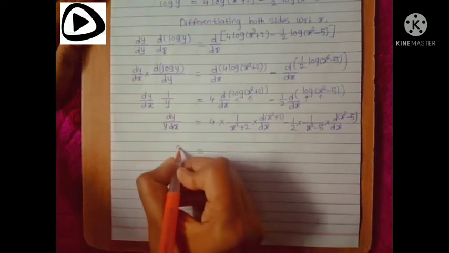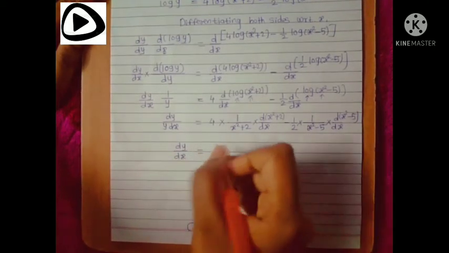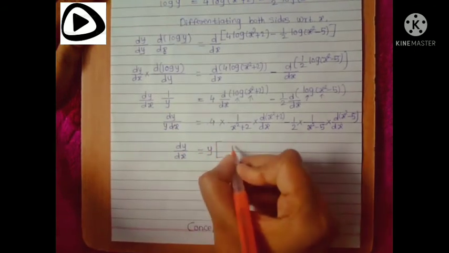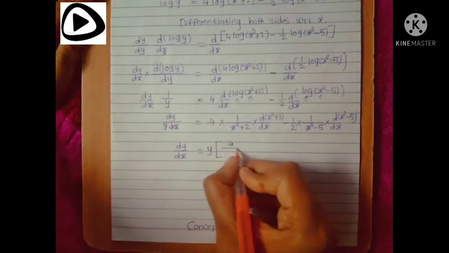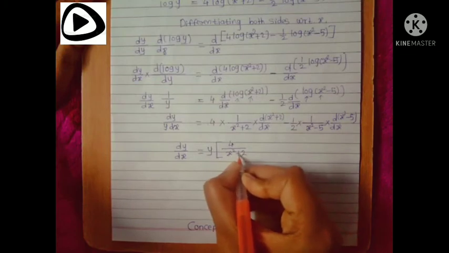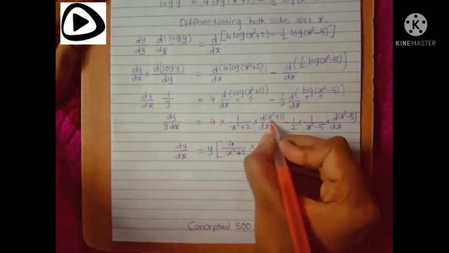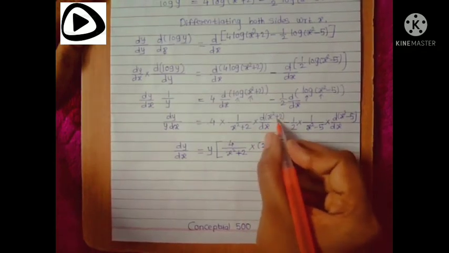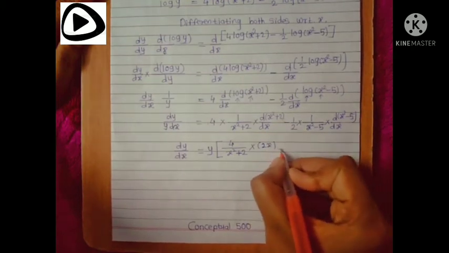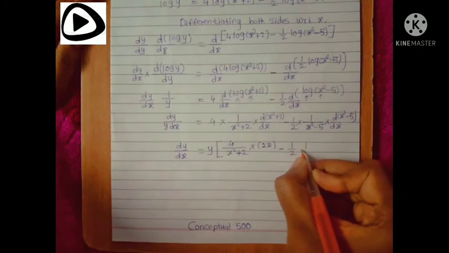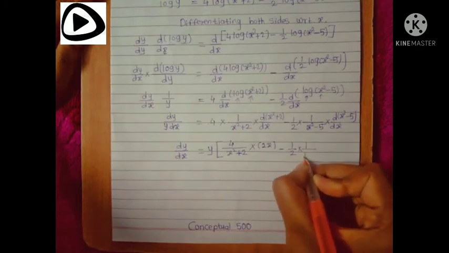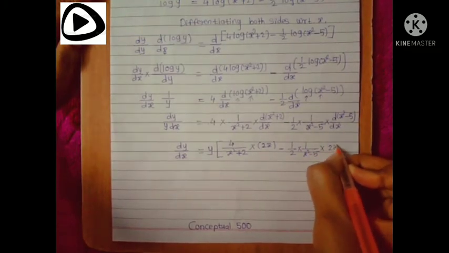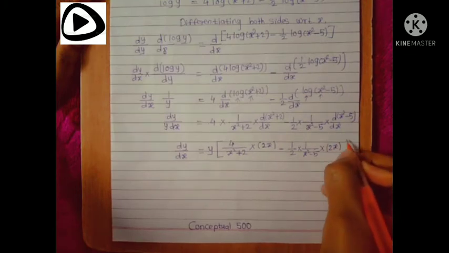So dy by dx is nothing but this y goes to this side, and this 4 I will write here, over x square plus 2, into its differentiation 2x plus 0, so 2x only, minus half over x square minus 5, into the differentiation 2x minus 0, that is 2x only.